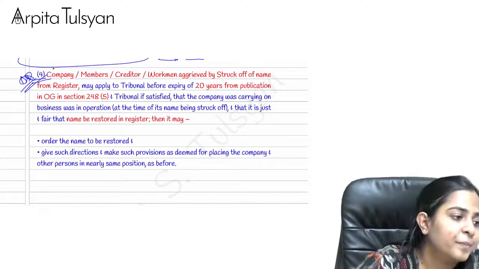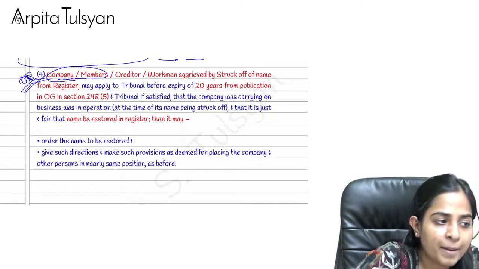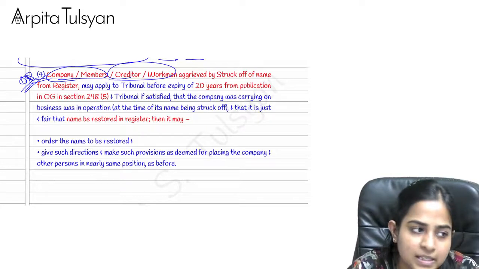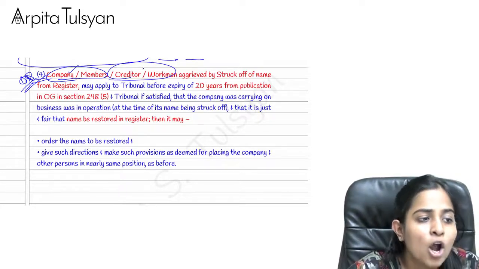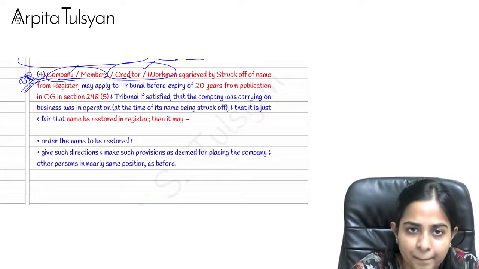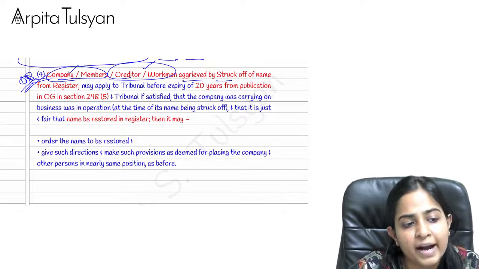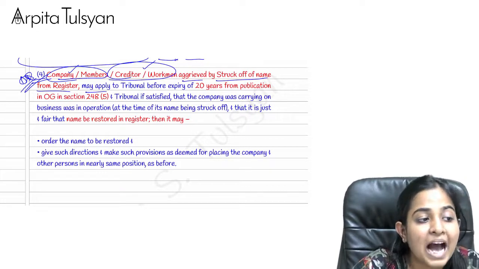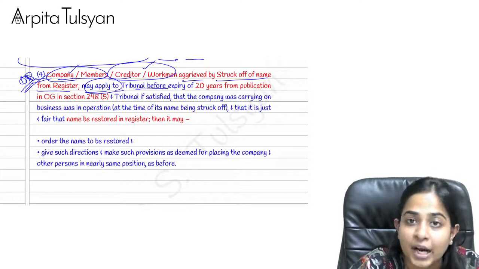Now here, the company or its members, creditors or workmen, meaning the insider persons, either the owners of the company or the creditors or workmen of the company, aggrieved by the striking off of the name from the register, may apply to the tribunal, not appeal.